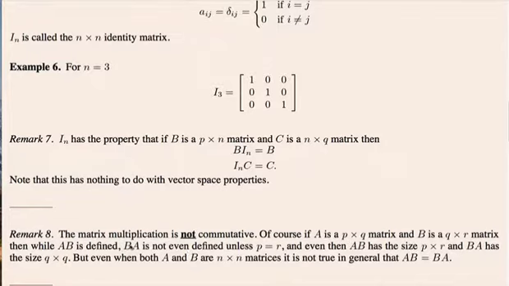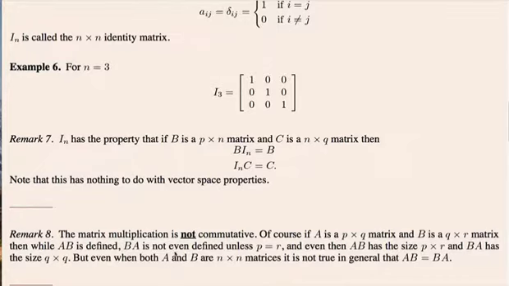But B times A, the other order multiplication, is not even defined unless R matches P, P equals R. And even then, AB has size P times R, and BA will have size Q times Q. So it's questionable whether these will be at all the same dimensions.